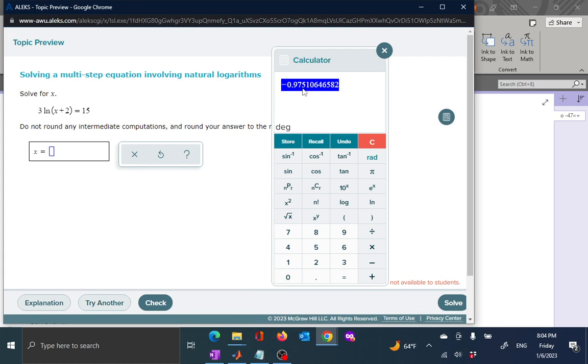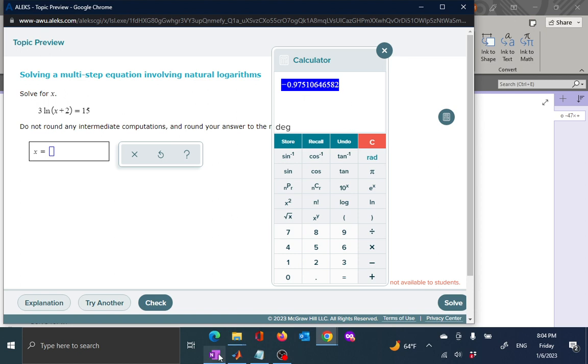The nearest hundredth is going to be minus 0.98 in that case.